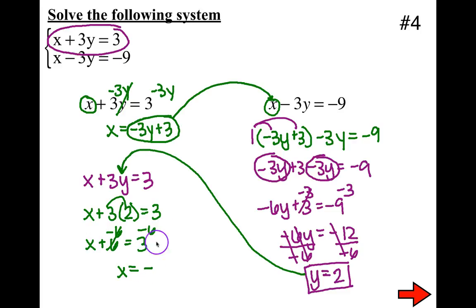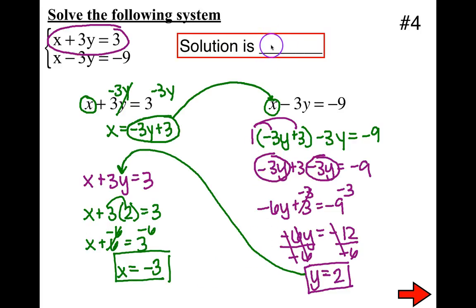The answer is negative. How many more? 3. So now that I know both, I can go ahead and write the solution as x goes first, which is negative 3, y goes second, which is 2. But again, you got to make sure you check your work. So now that I know the solution, let me go ahead and check it.